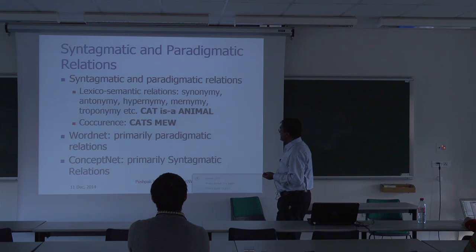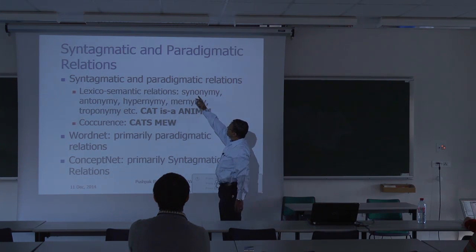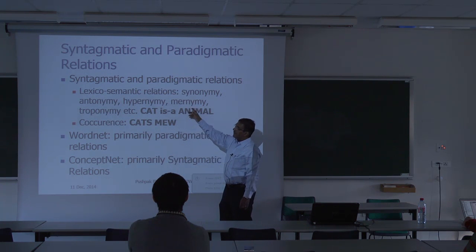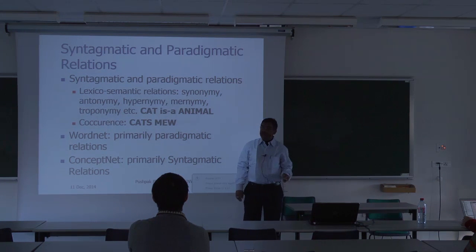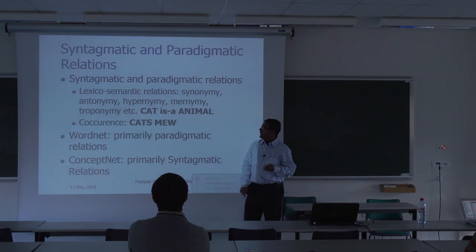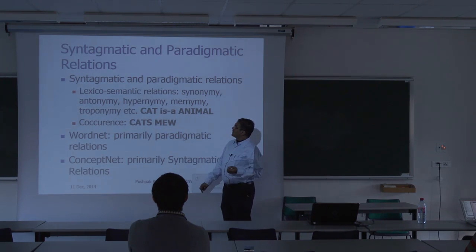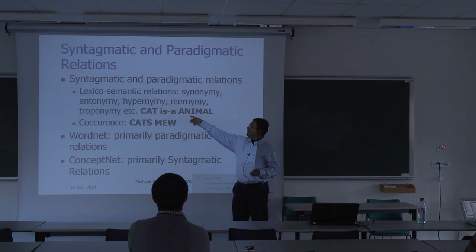There are lexico-semantic relations like synonymy, antonymy, hypernymy, and so on. These are known as paradigmatic relations. These relations arise because of the property of the words. And syntagmatic relations essentially capture co-occurrence. For example, cat is an animal.